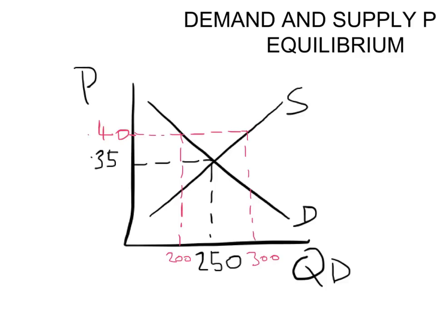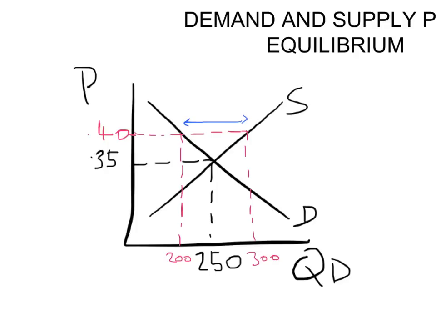We have excess supply. This distance here is excess supply. The company has produced 100 Mars bars too many for the price it's charging. So, in this current situation, the company's going to go out of business. It's producing too many Mars bars and it's not selling them.